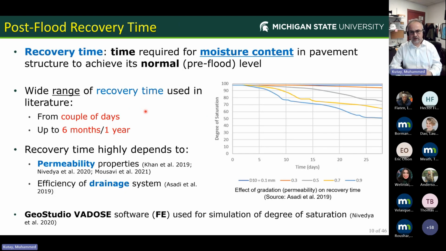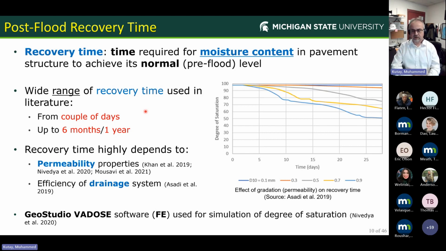The last slide I would like to talk about is what happens after flooding and how the rate of recovery changes depending on the characteristics of the layer. This is another area where people have done research, where the type of soil and the grain size distribution all affect how long it takes for the pavement to recover.